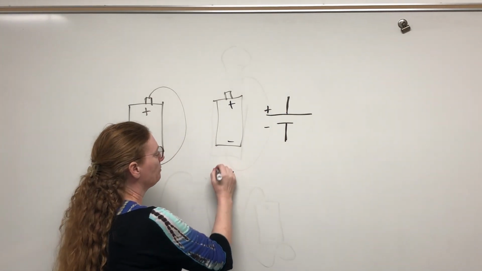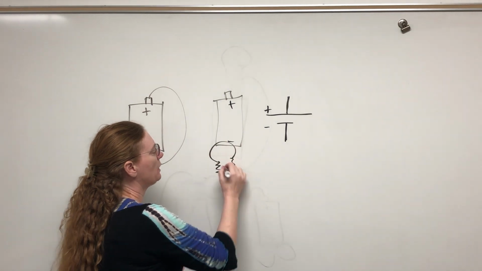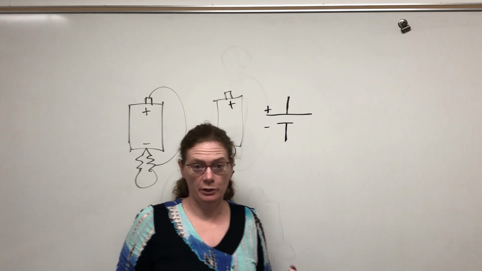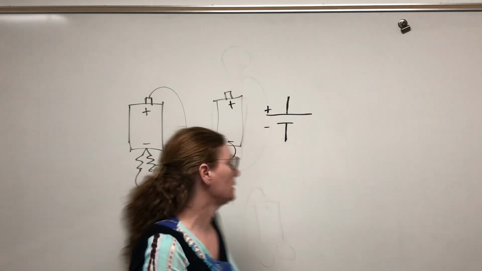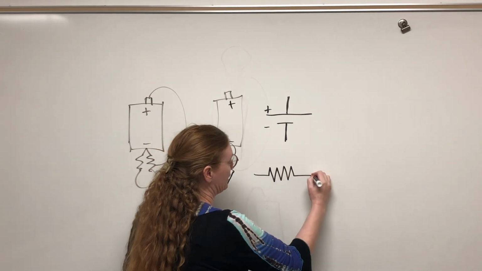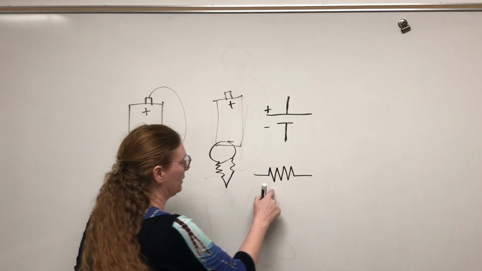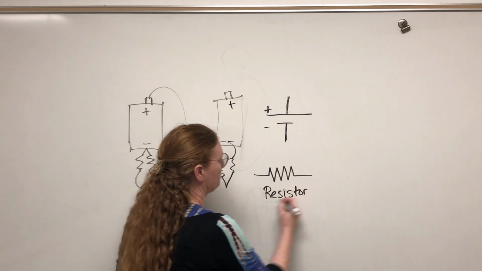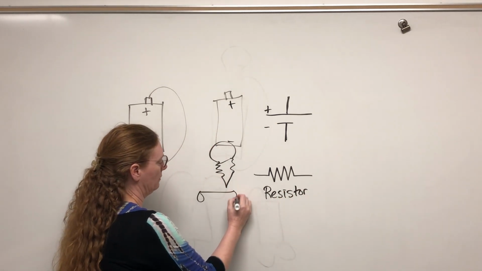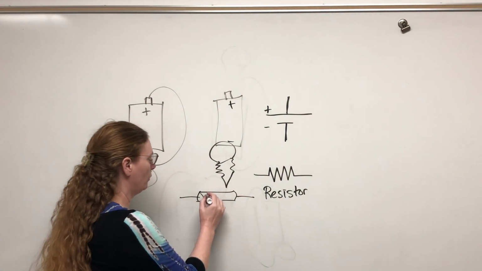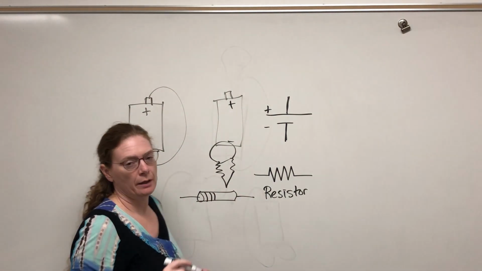A bulb, we've talked about a bulb as a resistor to the flow of charge. It resists the flow of electricity. And so we actually can talk about resistors like this. So we can do a resistor, and in real life it's this long skinny cylinder with some colored bars on it.